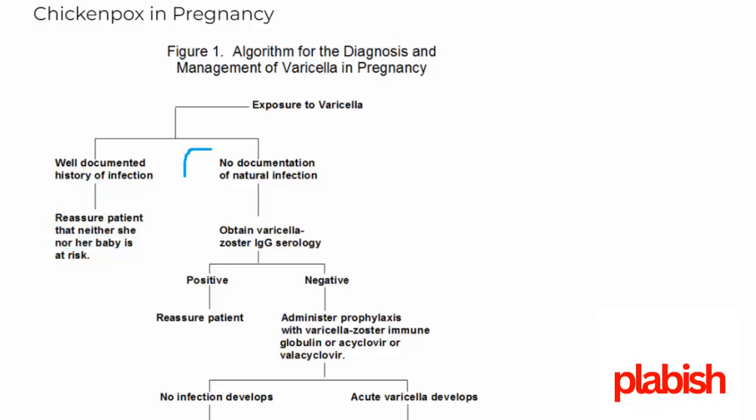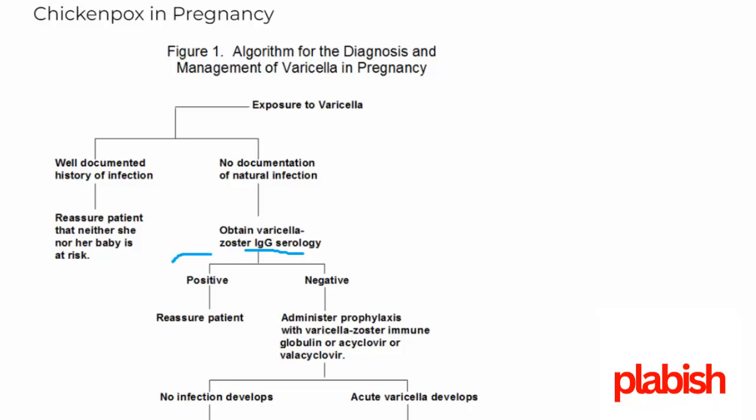In the second case, she says that she's not sure, so you are going to order varicella zoster IgG serology. IgG, because IgG tells us about acquired immunity. It tells us if the patient had infection in the past. And IgM serology tells us about the present infection. So we will send IgG serology.